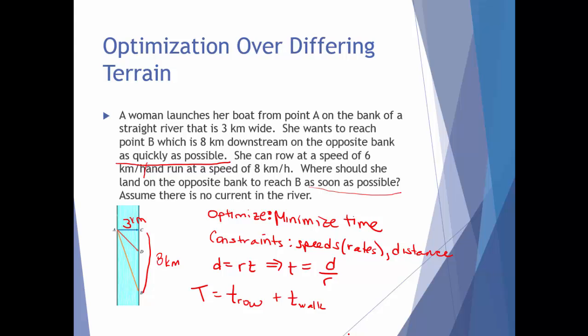So the time rowing versus the time walking, add those together, that tells you how long it's going to take her to get to point B. But because time is distance divided by rate, what I'm looking at is the distance she spends rowing divided by the rate she spends rowing plus the distance she spends walking divided by the rate she spends walking. Now, the rates are given. She can row at a rate of 6 kilometers per hour. She can run at a rate of 8 kilometers per hour. So those denominators are given. I just need to do a little work to figure out the distances.